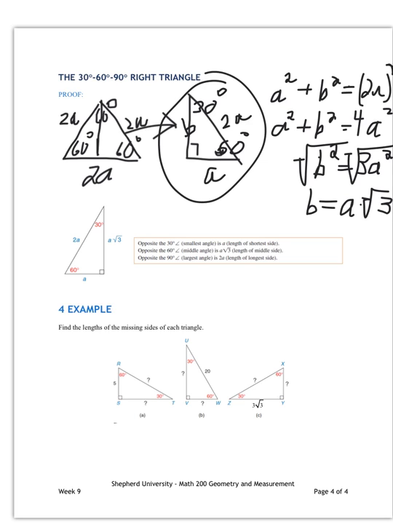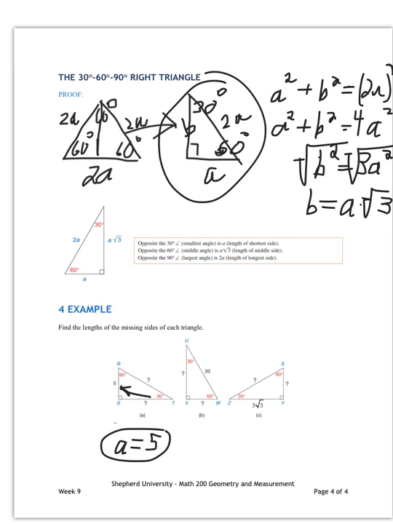Let's go ahead and take a look at these different examples below, focusing on finding the letter A. So our goal is to always look for the 30-degree angle. In this case, the number 5 is across from the 30-degree angle. So that tells me that A is 5.